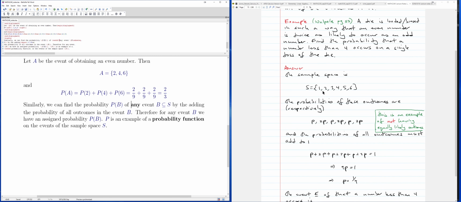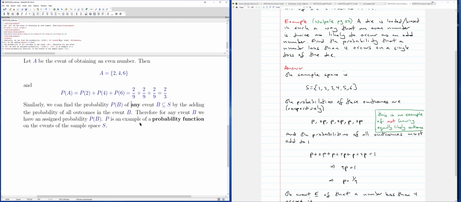So for each subset of my sample space, I get a probability, and if you look at it that way, this is a probability function on the events of your sample space. Any event or any subset over here, you can assign a value, and that is what you call a function, assuming that you assign it in a systematic manner.